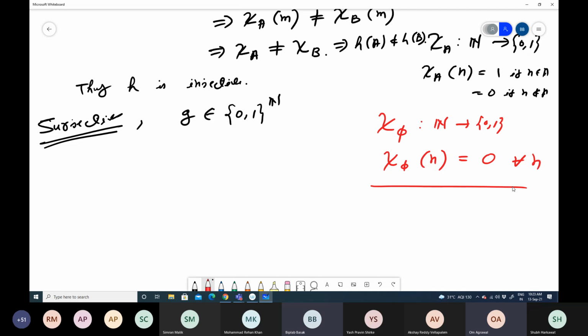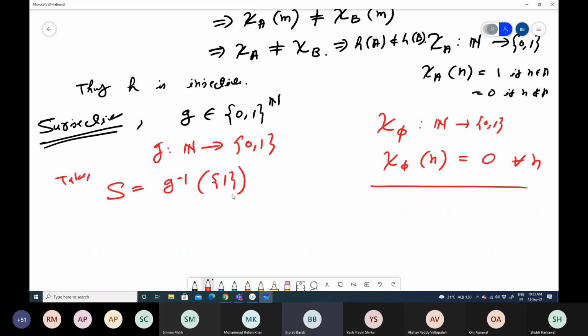Right. Just in short, just take G inverse of 1. That's all. What is G? G is a function from natural numbers to {0, 1}. Now just take S equal to G inverse of 1. That's all, the inverse image of 1.